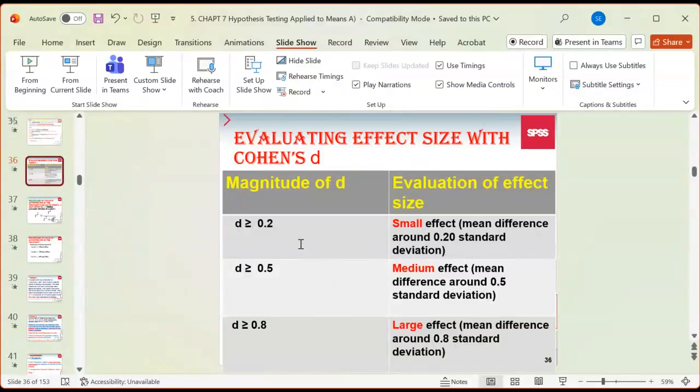It's not that they are the same, it means the null is right. If it's 0.2 but less than 0.5, it's a small effect. If it's 0.5 but less than 0.8, it's a medium effect. If it's 0.8 or higher, it's a large effect.